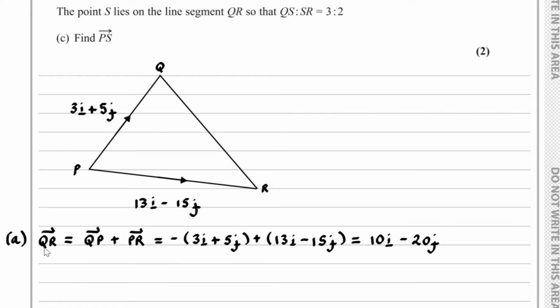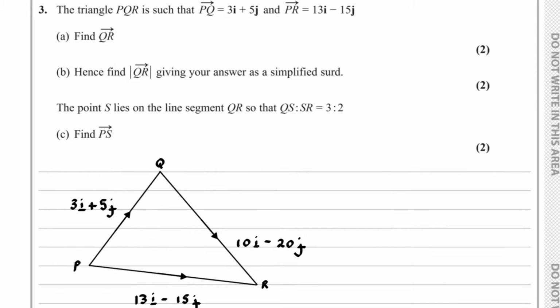So the vector QR is 10i subtract 20j. So we have QR equaling 10i subtract 20j, and that's shown on the diagram.